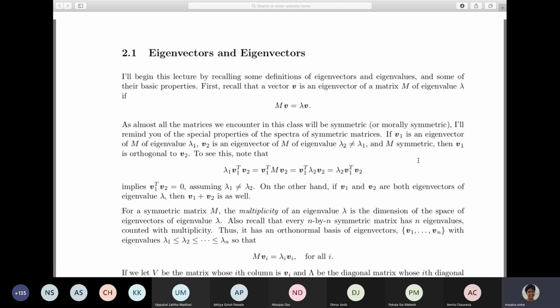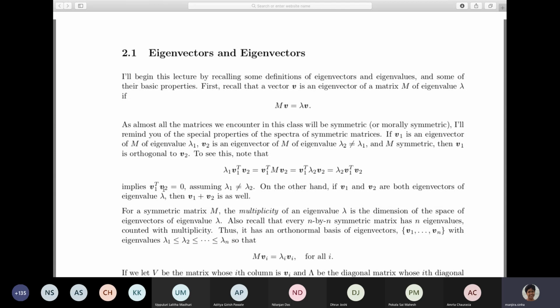Then if M is a symmetric matrix, v1 and v2 are orthogonal to each other. That's why we work on symmetric matrices, because their eigenvectors are orthogonal to each other. What does orthogonal mean? That v1 into v2 will be 0.